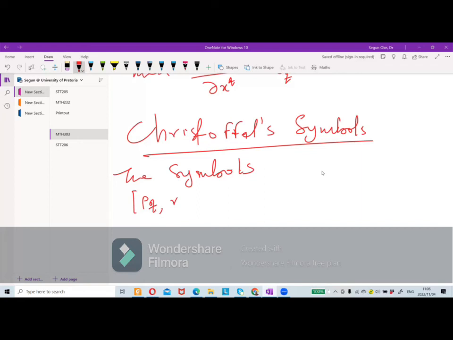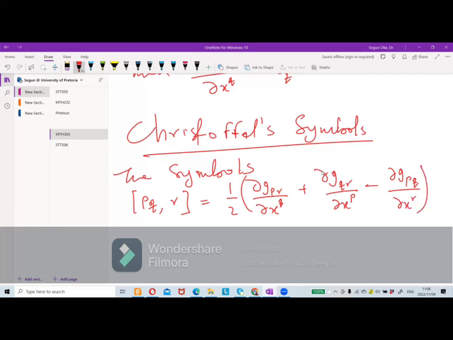When you have PQ, R, it's the same thing as 1/2, open the bracket, the G PR over the SQ plus the G QR over the SP minus DG PQ over the SR. So look at the symbols.